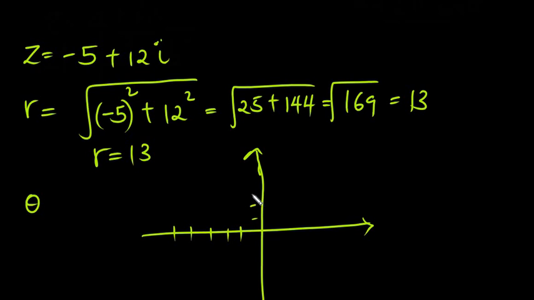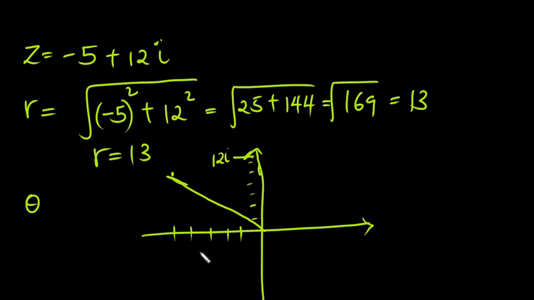So we're going to move 12 units upwards. The space is not enough, but maybe we can just assume that this is the point 12i. So our complex number is going to be mapped somewhere here. The modulus that we have represented as 13 units is going to be that one.